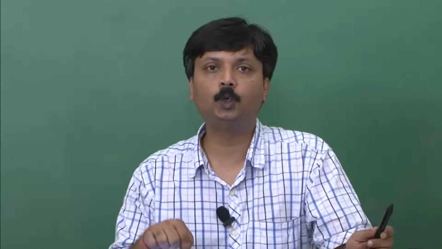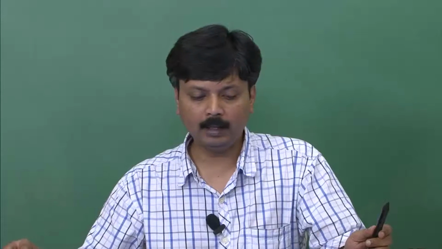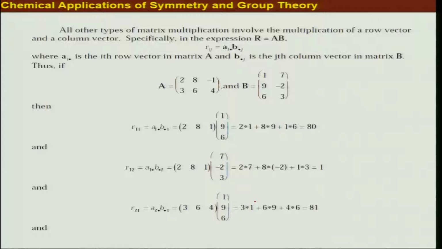This has been shown with a column vector and a row vector, but it is applicable to the matrix as a whole. All the other types of matrix multiplication involve the multiplication of a row vector and a column vector.